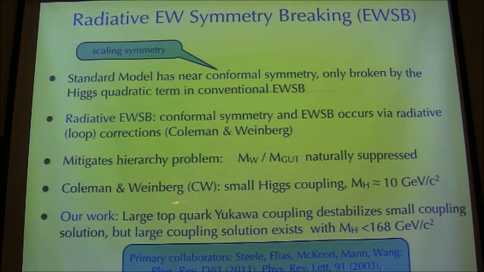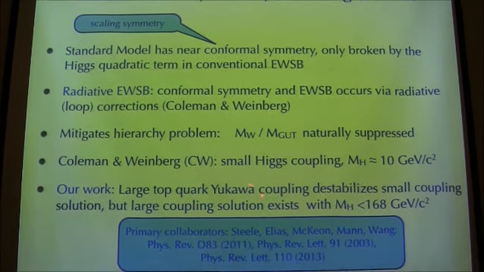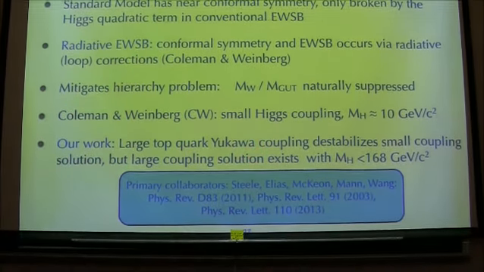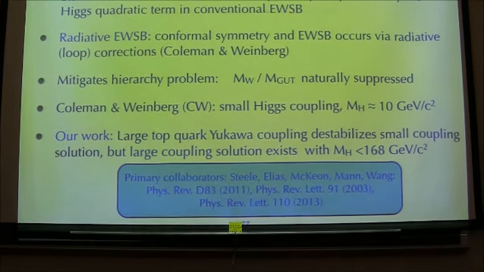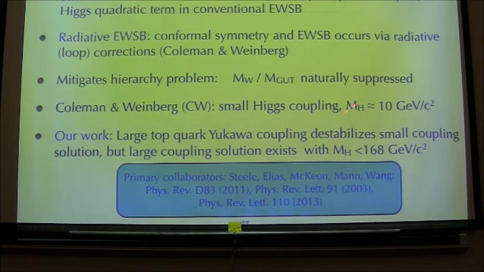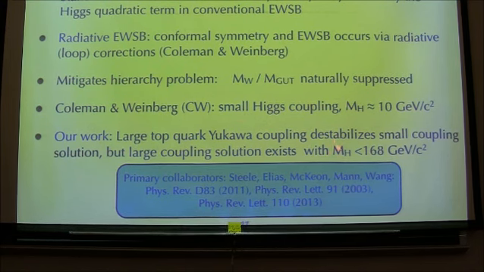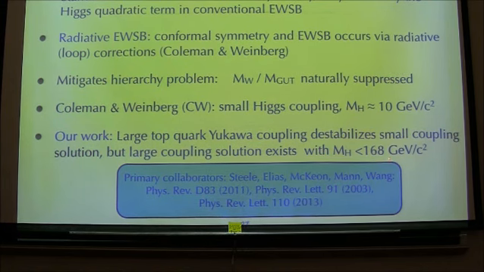But this is some of our work. We recognized that the large top quark Yukawa coupling, because the top quark is so heavy, actually destabilizes this Coleman-Weinberg small Higgs coupling solution. But you have a large coupling solution that exists. And the mass is heavy, but it seems to decrease as you work to higher and higher levels of precision.